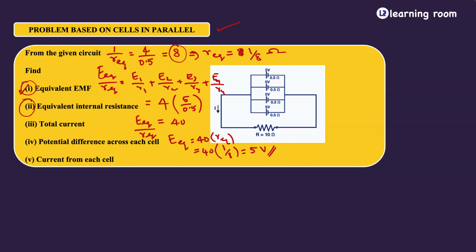What about the total current? What about the terminal potential difference across the cell?